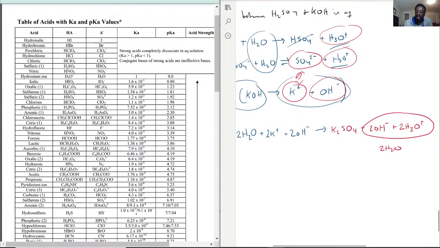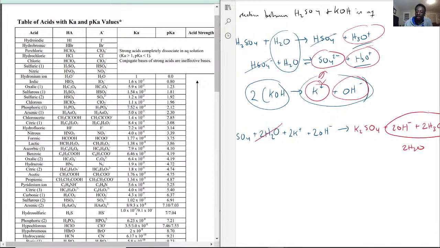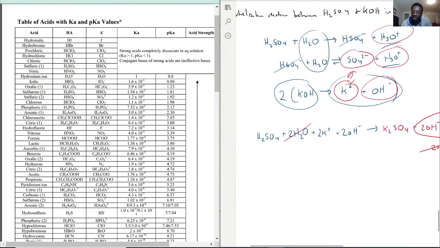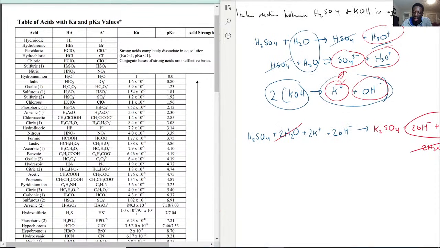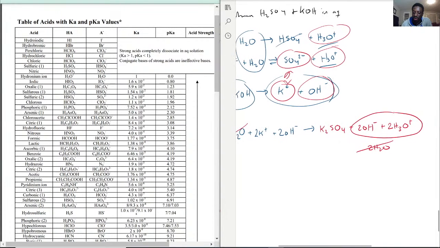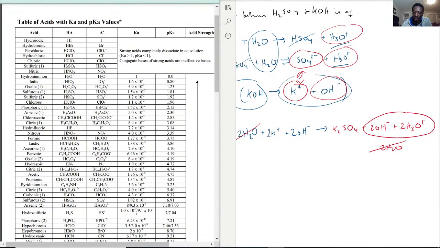So with that being said, now we have 2H2O here and here. So really what we have in total, just to make sure, K2SO4.